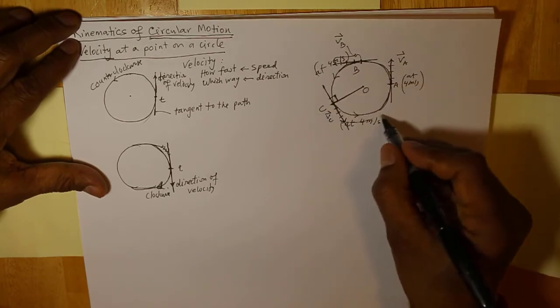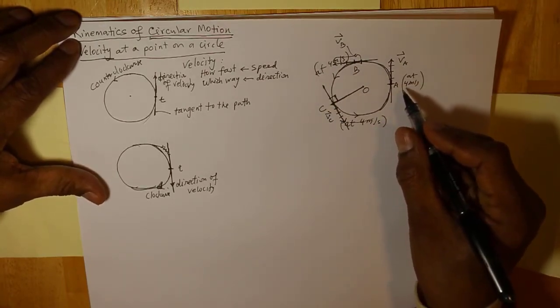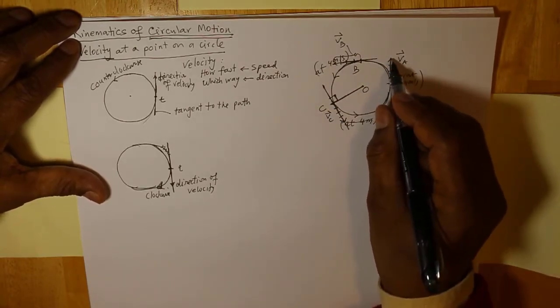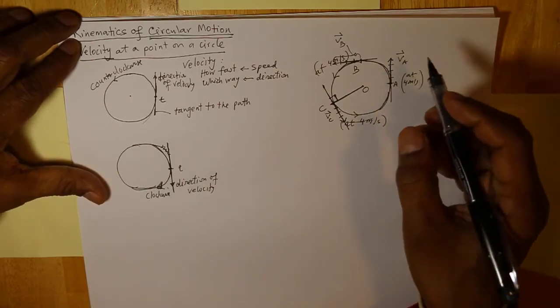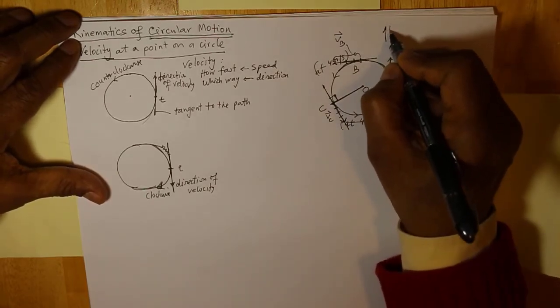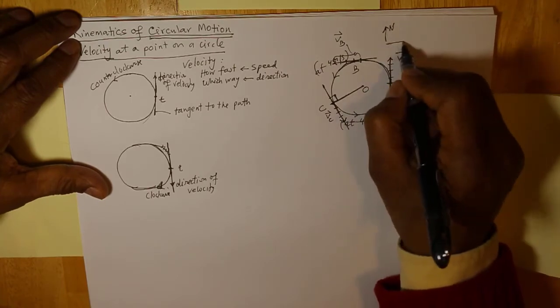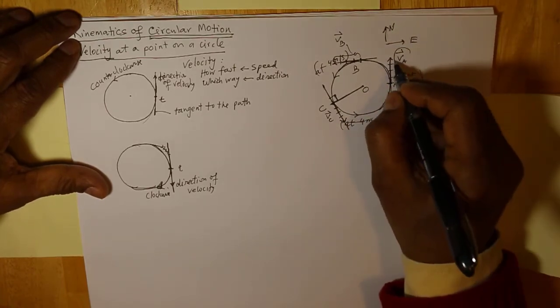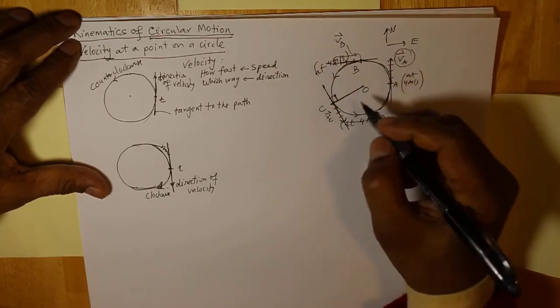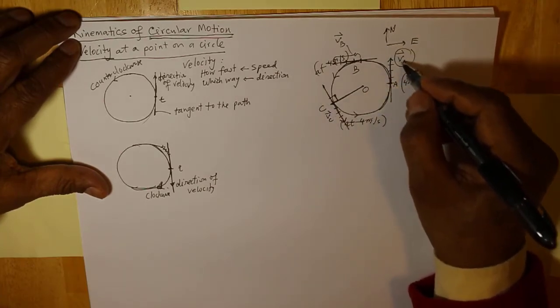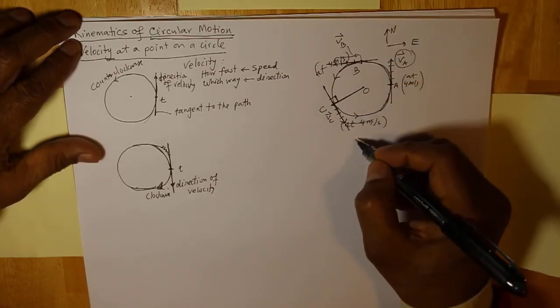So you can see the velocity vectors are pointed in different directions in space. So if this was like a north and this was east, then this is pointed north and this is pointed west and this is pointed somewhere southeast direction.